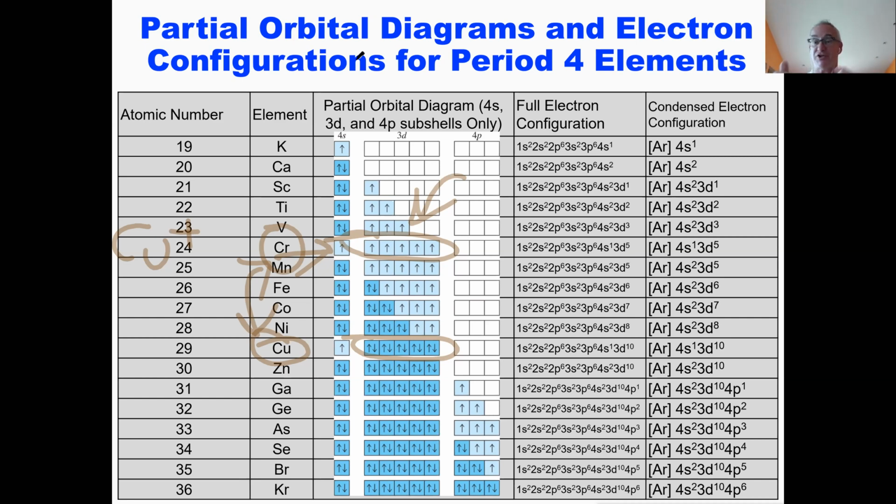But when you imagine that a filled or half-filled d orbital is better than having a half-filled s orbital, because the 3d is higher energy than s. If you can stabilize this higher energy orbital, you'll do so in order to make the element more stable.